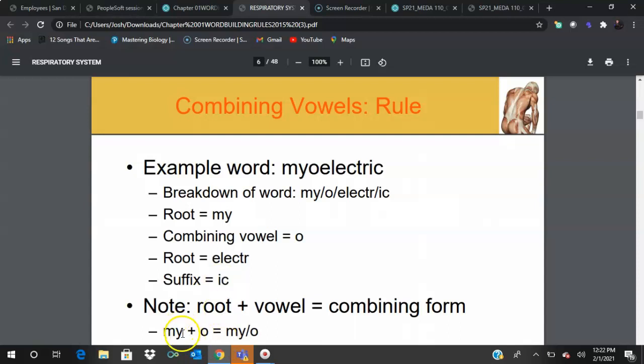You have your word root here, your combining vowel, and what that will give you right here is called a combining form. If you have my by itself, it's a word root. This is our combining vowel, and then when you put the two together, you get a combining form.